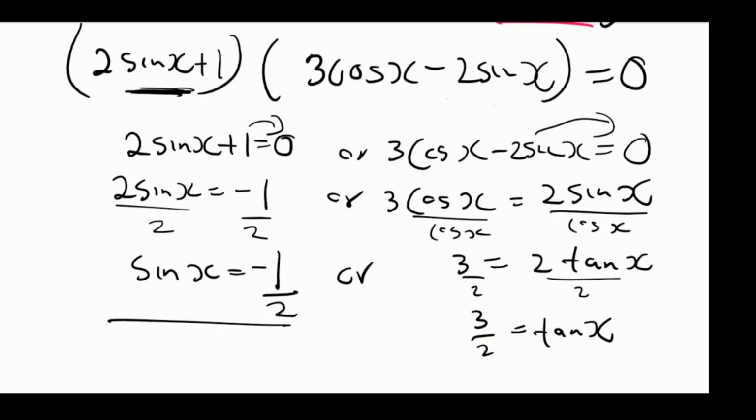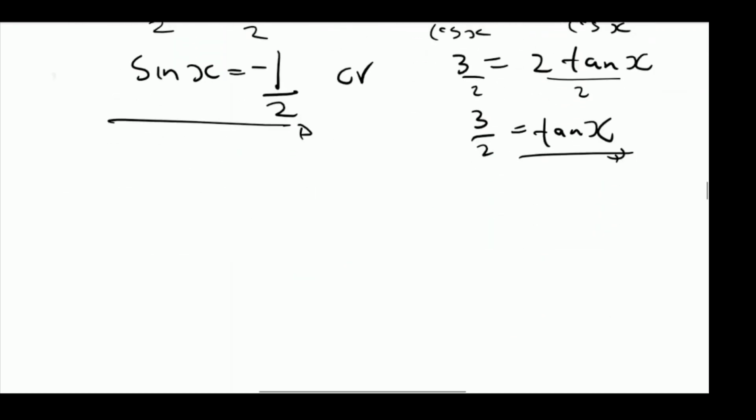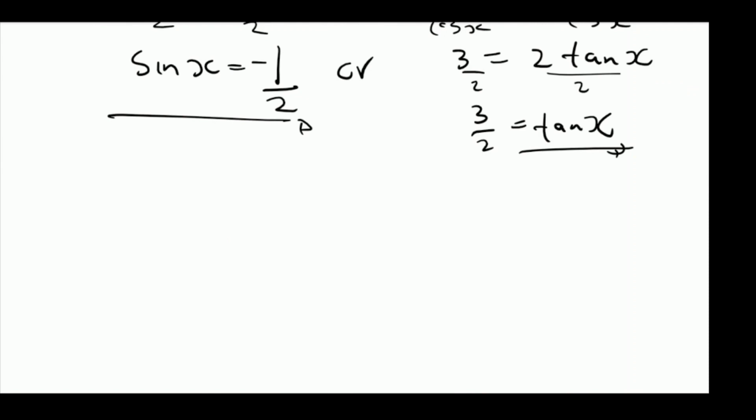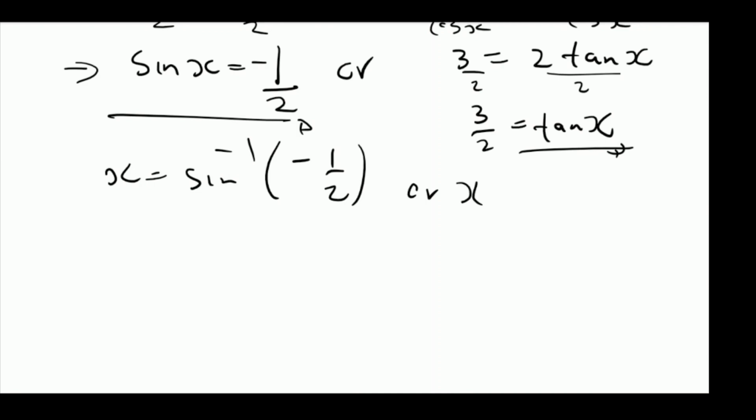Now we're having these two here, we still haven't solved our problem. Remember, we have to solve for x. So to solve for x for this expression, we're just going to find the inverse. So it's going to be x equals sine to the power minus 1 of minus 1 over 2, or for this expression we're going to use tan inverse, so x equals tan inverse of 3 over 2. Remember, this sign here is negative, but I want you to punch in a positive. Don't put the negative in your calculator.